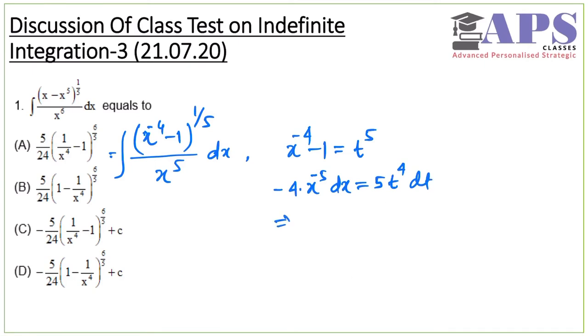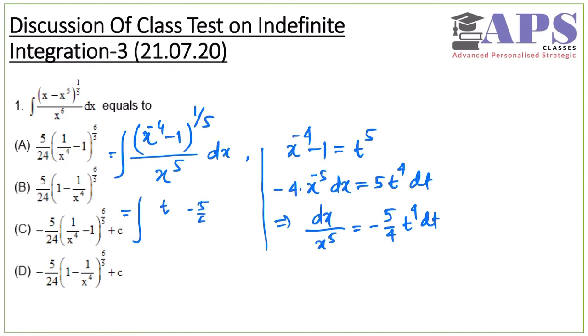So which gives us dx by x to the power 5 is nothing but minus 5 by 4 t to the power 4 dt. So by this substitution, we can now write it as integration. So that x power minus 4 minus 1 is t now, and dx by x power 5 is minus 5 by 4 t to the power 4 dt.